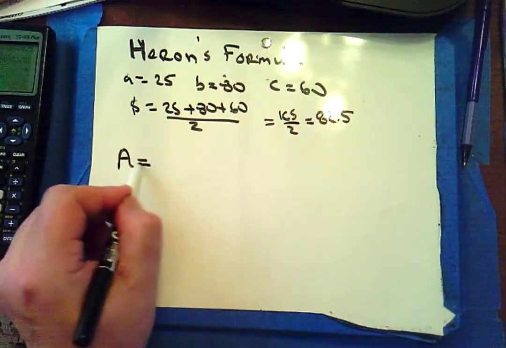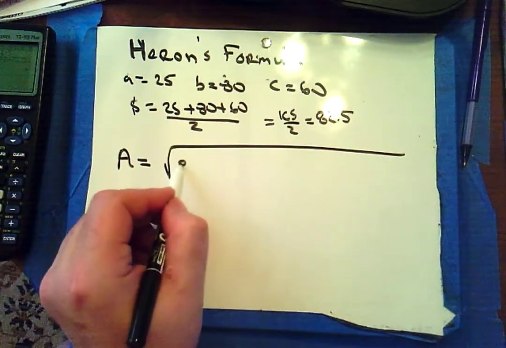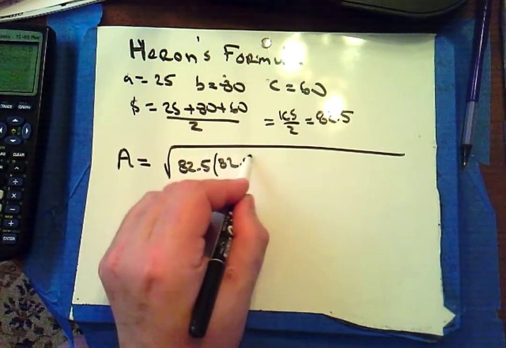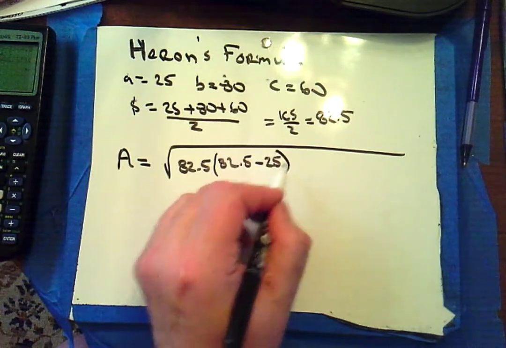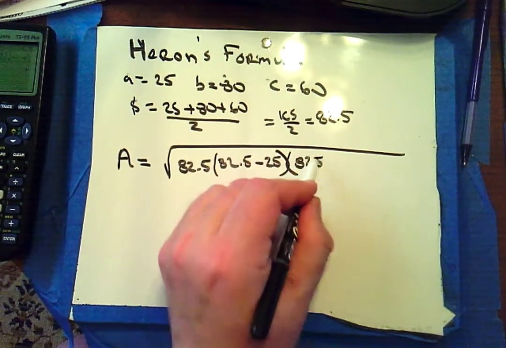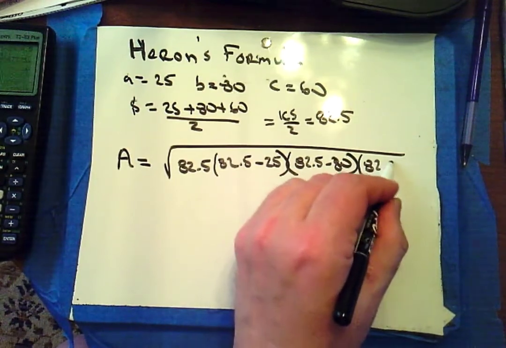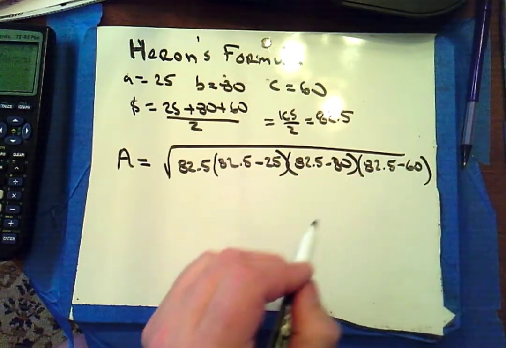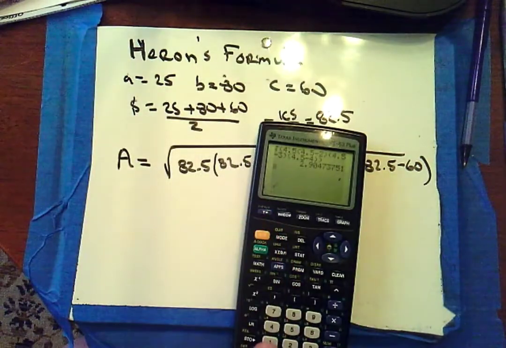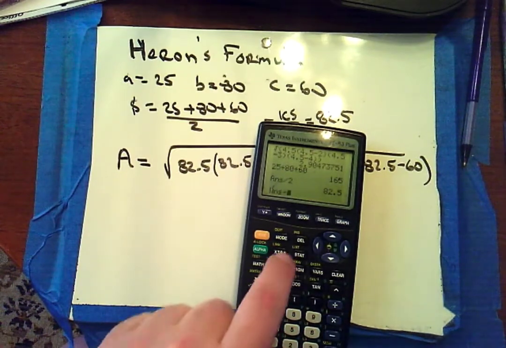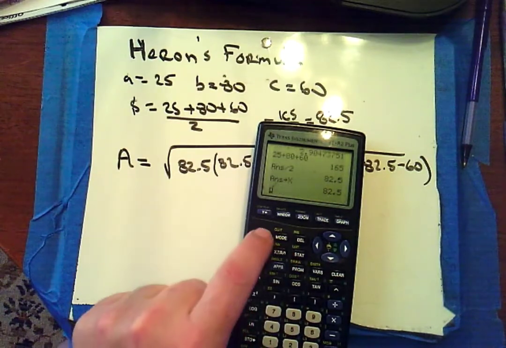So the area formula is the square root of 82.5 times 82.5 minus 25, 82.5 minus 80, and 82.5 minus 60. 25 plus 80 plus 60 divided by 2 is indeed 82.5. Store that in x because I'm going to be using it a lot.